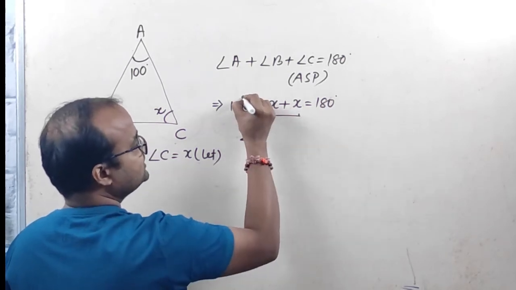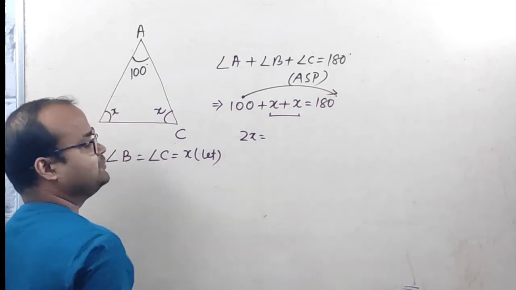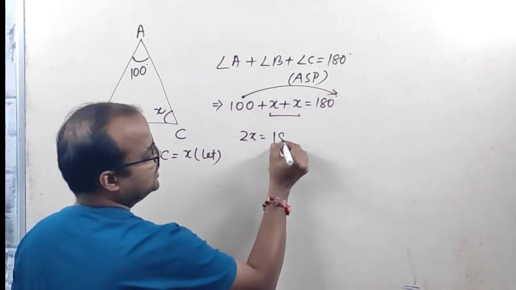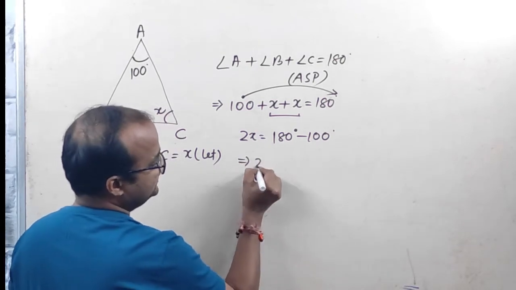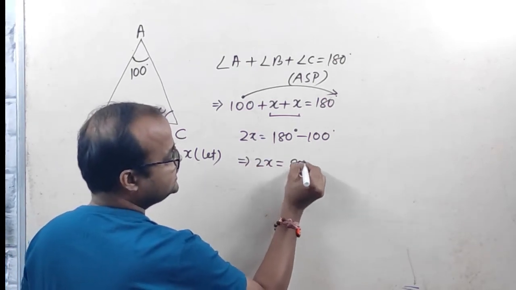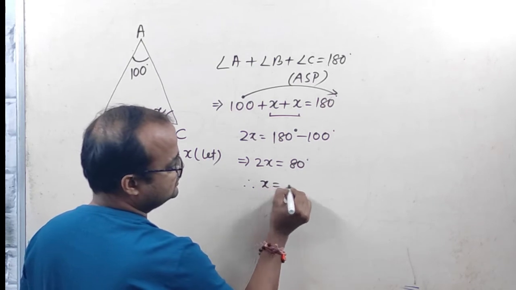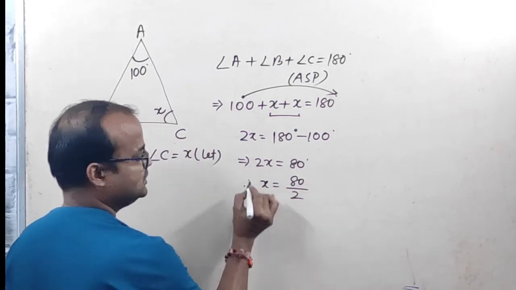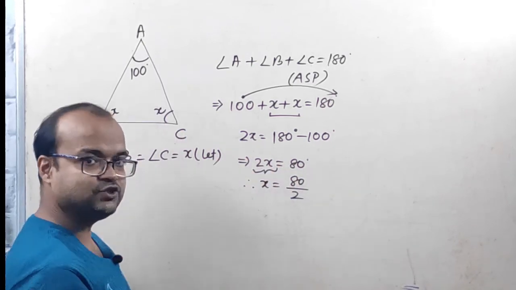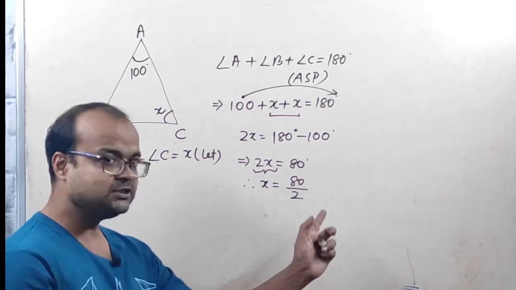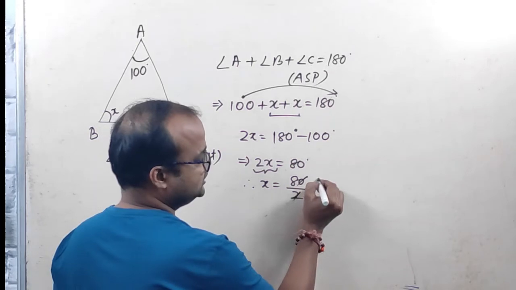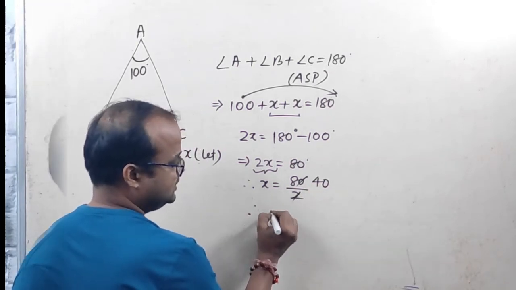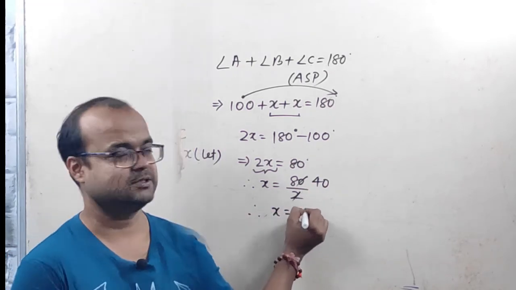And if you shift the 100 to the other side, you will get 180 minus 100. That means 2X equals 80 degrees. Therefore, X equals 80 by 2. 2 and X are multiplied together. So when you shift the 2 to the other side, it will divide. So 2 fours are 8, 2 fours are 8. Therefore X equals 40 degrees.